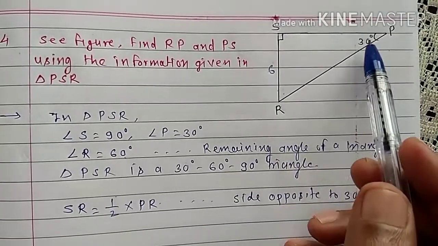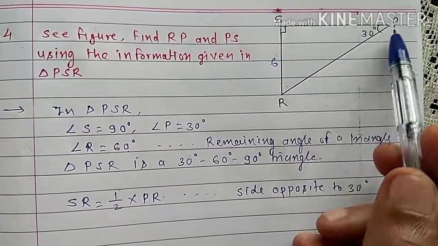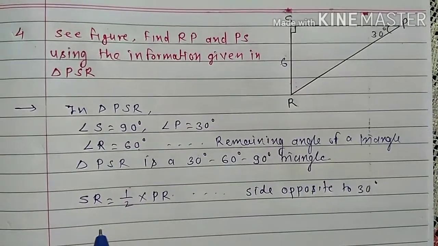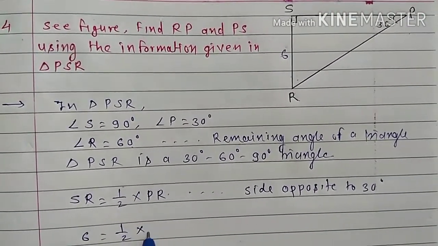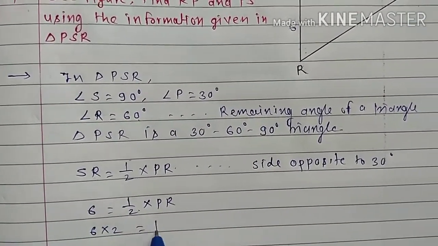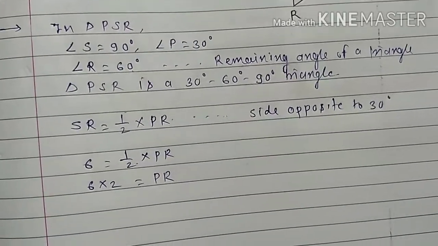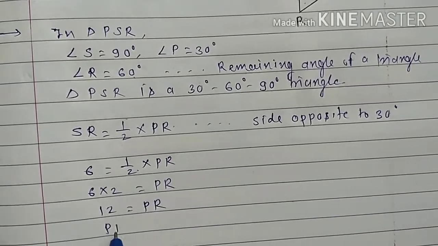So SR is equal to half into hypotenuse, which is PR. So SR is equal to half into PR. SR is given 6, so 6 is equal to half into PR. Here it is divided, so it becomes 12 is equal to PR. So PR is equal to 12.